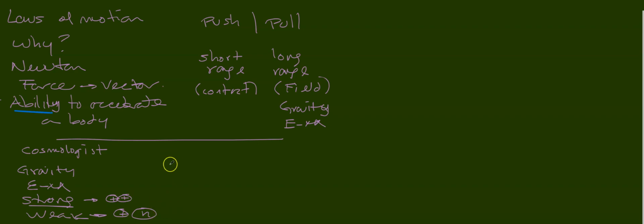Let me give you an example of why cosmologists say that these four forces can explain everything. Like the example I gave you before, this is your hand and this is the wall. When you push with your hand against the wall, what happens is the atoms in your hand and the atoms in the wall interact.